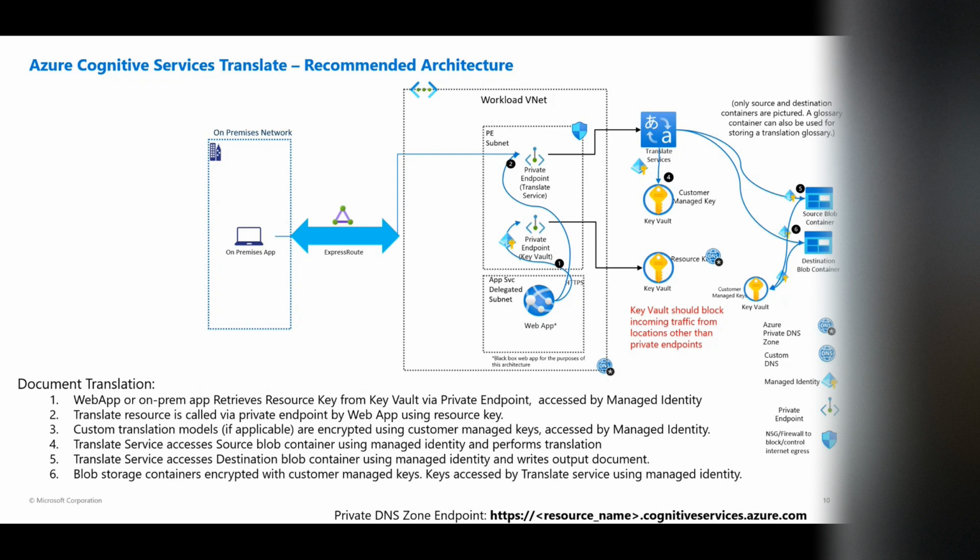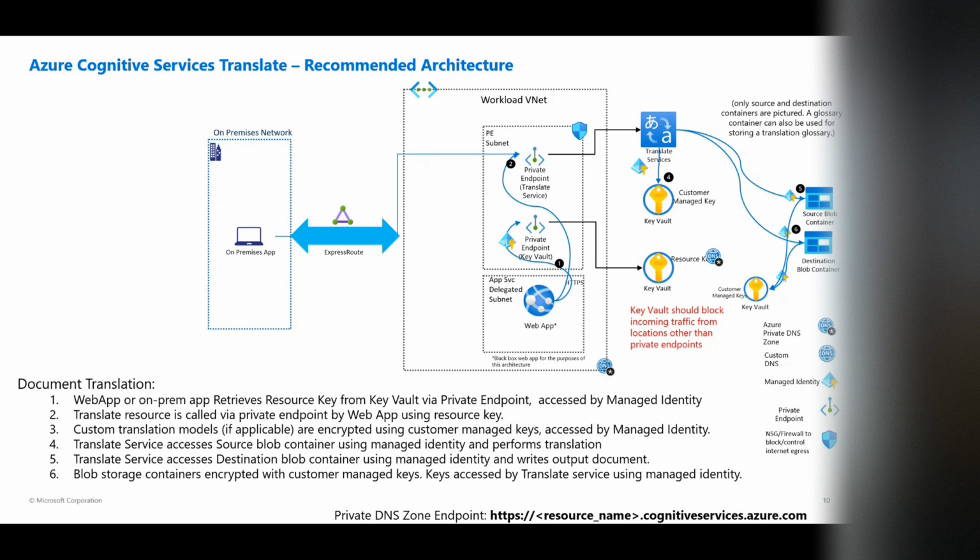Almost everything is the same, except that now the translate service is connected to two containers. And by the way, these two containers can be in the same storage account, or they can be in different storage accounts based on your organization and all your needs. That definitely can happen.